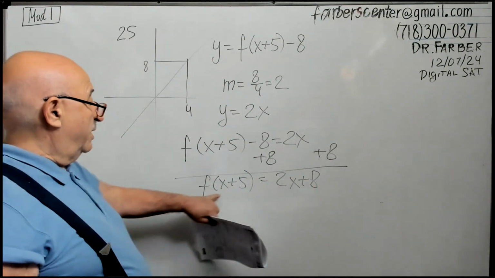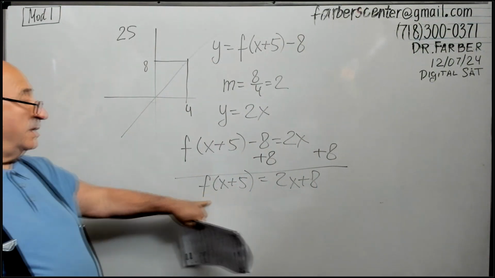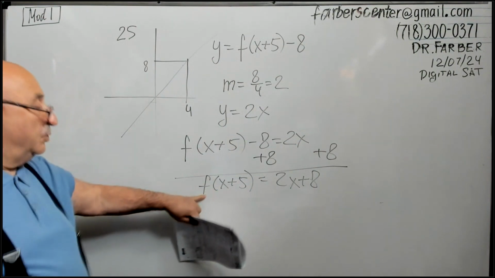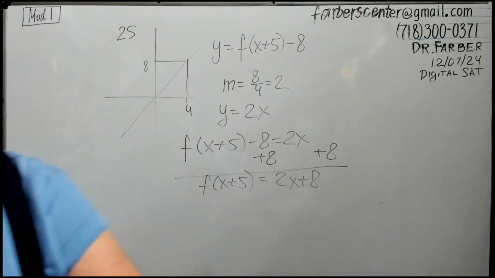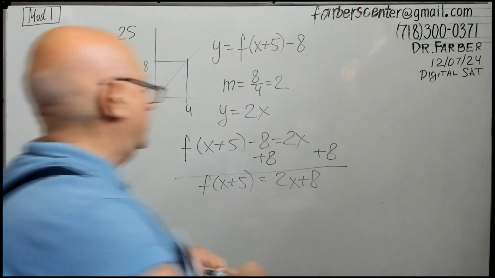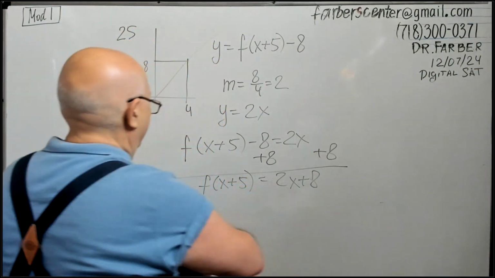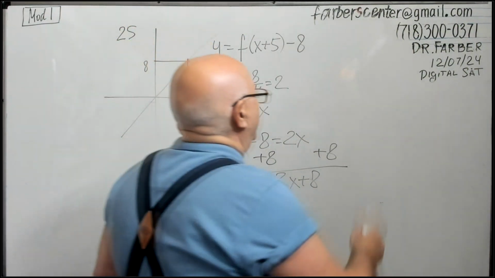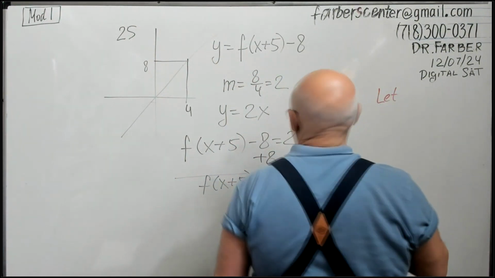Why don't I like this one? Because it's a binomial, and they ask you to find a monomial. So I use red color. This is crucial for many problems: how to convert a function from binomial to monomial.